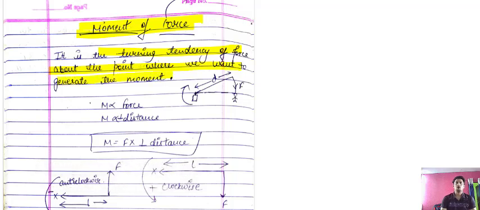You all must have seen a door which is hinged at one end and free at the other end. When we apply a force at this point, it rotates; it produces a turning effect about the hinge. The door tries to move about this point as we are applying the force from here.